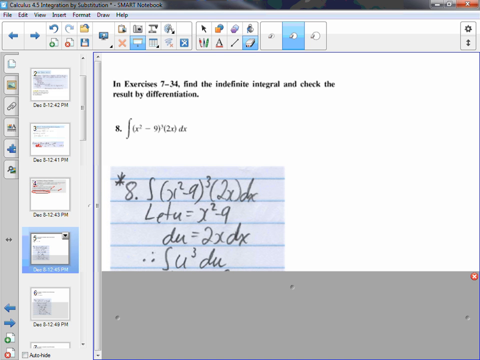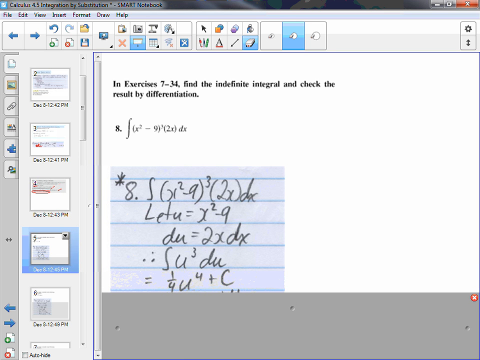So, power rule for antiderivatives, add 1 to the exponent, divide your coefficient by that new exponent, plus c. And you should be, at this point, fairly happy with the results. That looks like an answer that we've had in the past, just with a u instead of an x.